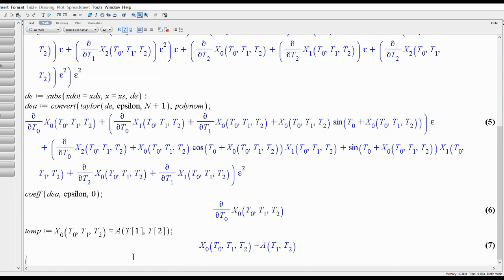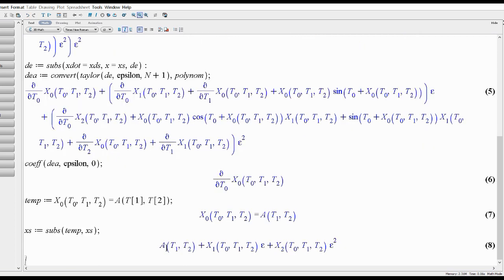Okay, very good. What else will I do? I will say xs is equal to substitute temp in xs. That doesn't really help me too much yet. And I will say dEA is equal to expand substitute temp in dEA. But after I expand and substitute, I want to collect.